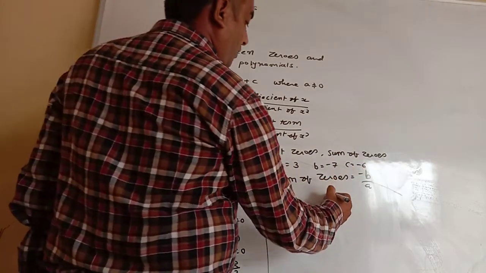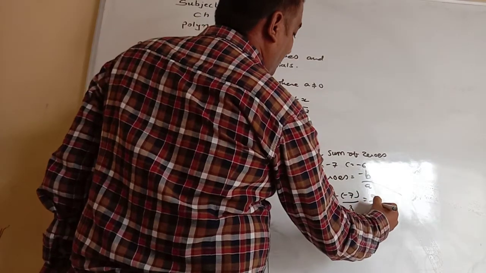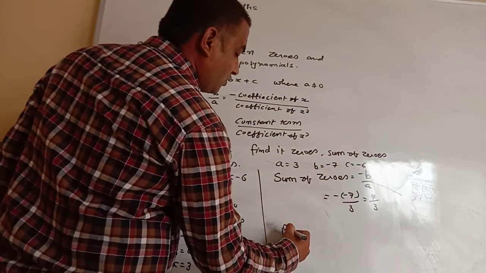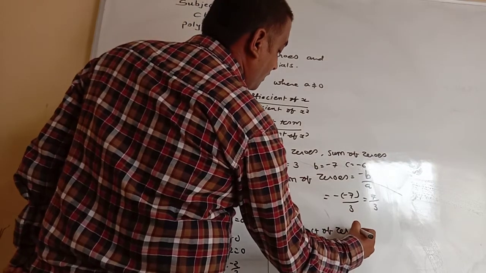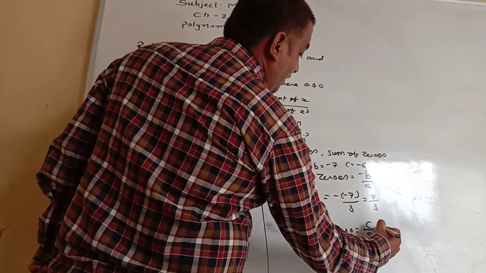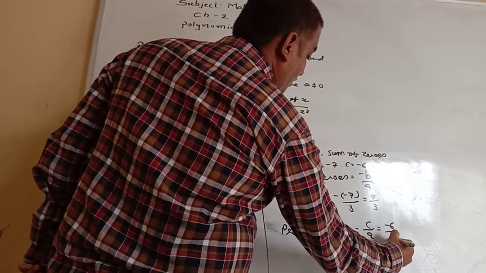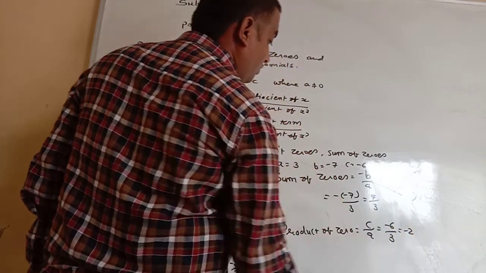Minus b upon a is minus of minus 7 upon 3, so 7 by 3. The product of zeros we can write as c upon a. The c value is minus 6 and the a value is 3, so minus 6 upon 3, that is minus 2.